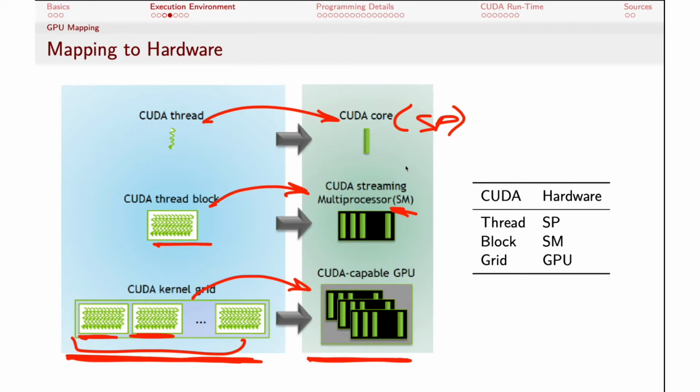But that's exactly what's going on here. We've got this nice symbiosis between the execution model of threads, blocks, and grids and the underlying hardware that's going to run those threads on each SP, grouped together by SMs, and then those SMs are collected together on the GPU itself. So here's a little decoder table again. Threads go to SPs, the CUDA cores, blocks go to SMs, and the grid goes to the GPU itself.